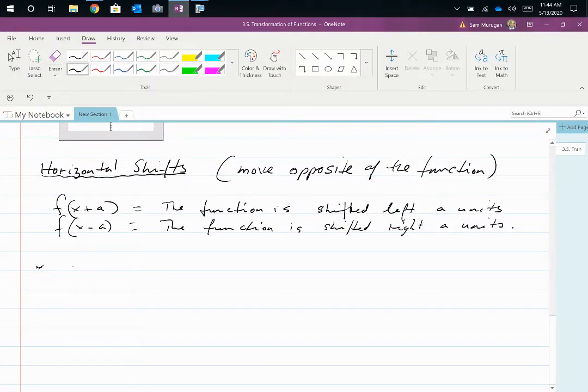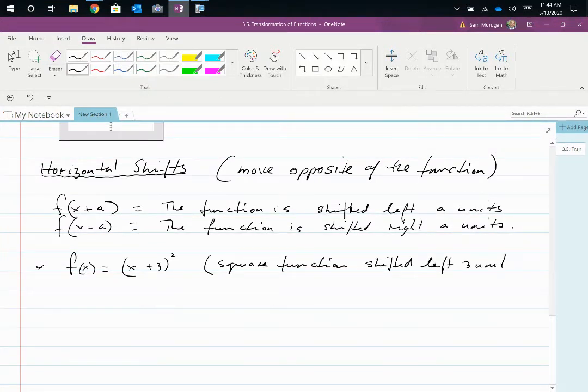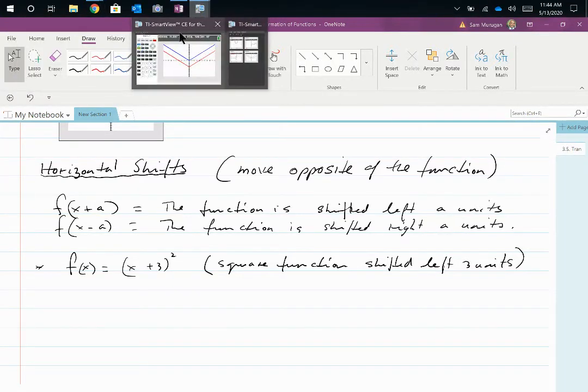So f of x is equal to x plus 3 squared is the square function shifted left 3 units. So again, I want to pull up my calculator here and look at what I'm talking about.